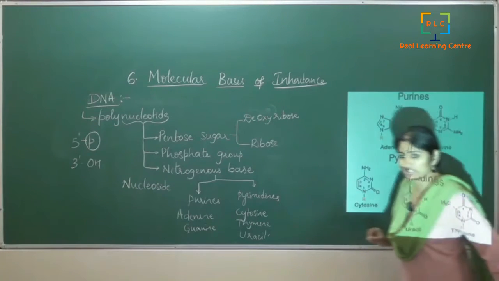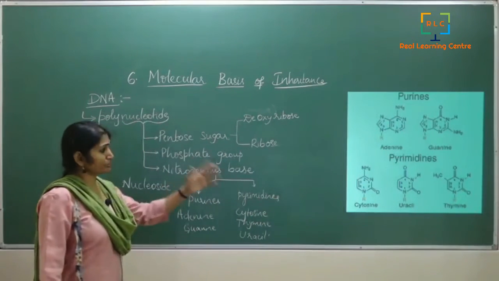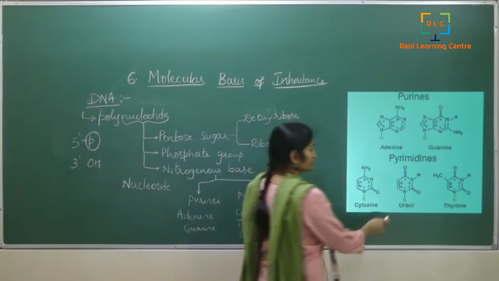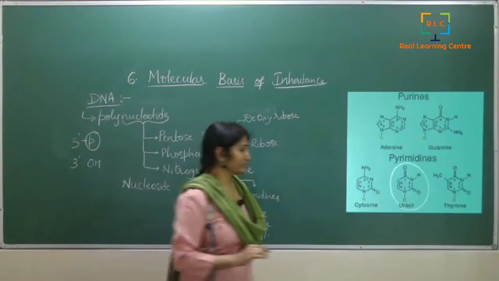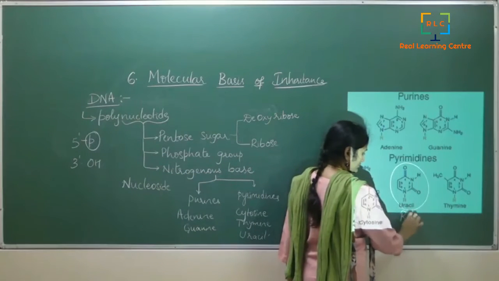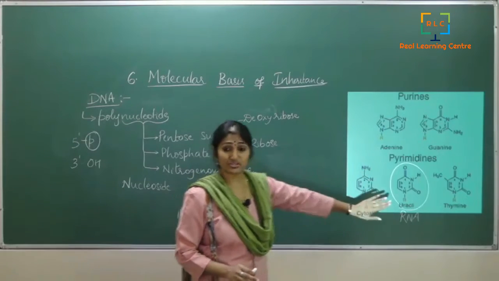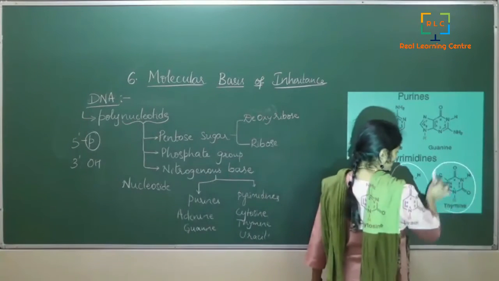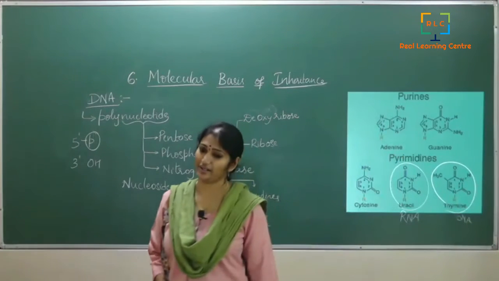Now just to tell you one interesting fact here, though we have purines and pyrimidines, both of them in our polynucleotides, you see that uracil is present only in RNA. Okay, you cannot see uracil in DNA, and at the same time thymine is present in DNA only and not in RNA.